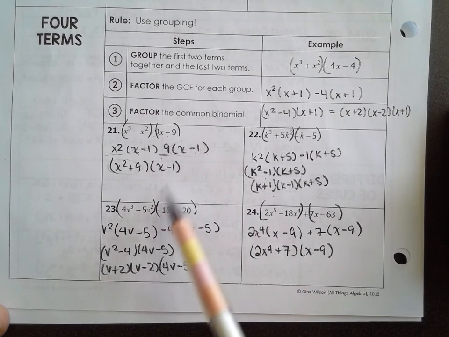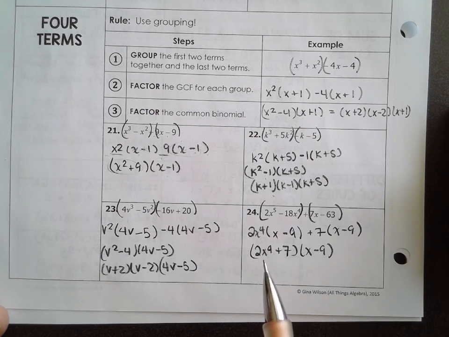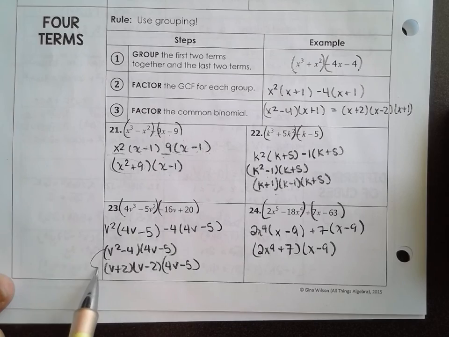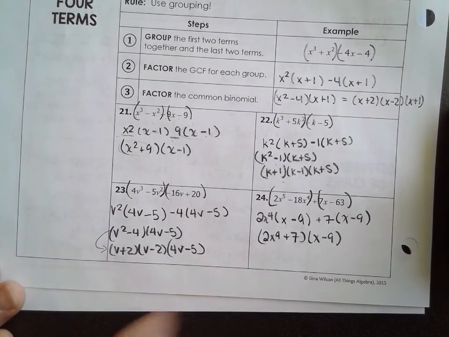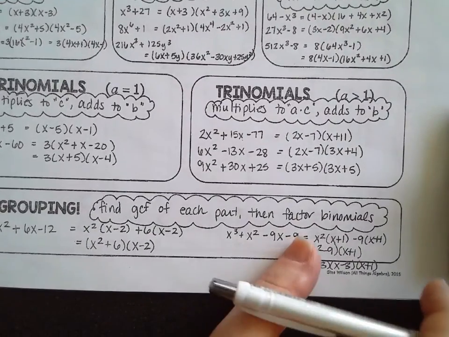The difference of two squares are some of the easiest things to do and to learn, but they're sometimes the things that you forget the most. So that's why I try to put those in there. So be really careful of that. Okay? So let's go on. And then I also had this filled out for you guys just as a study guide.